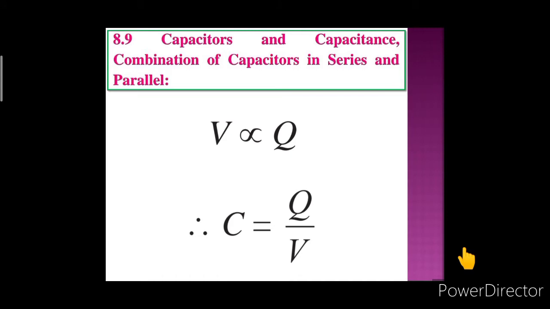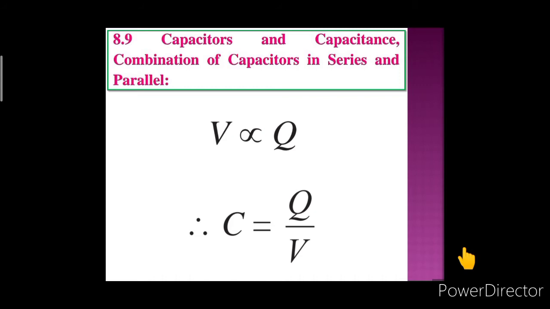The SI unit of capacitance is the farad, denoted by capital F, and the dimensional formula is M raised to minus 1, L raised to minus 2, T raised to 4 and A raised to 2.